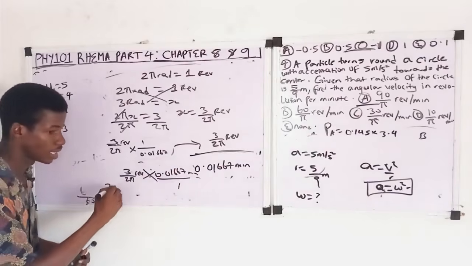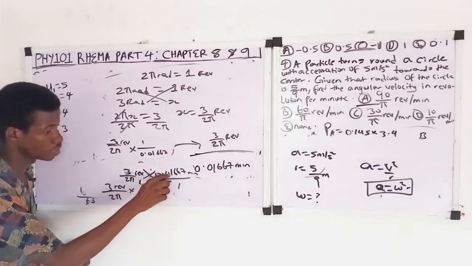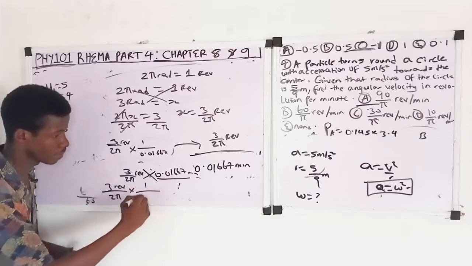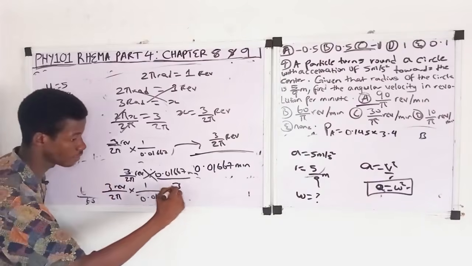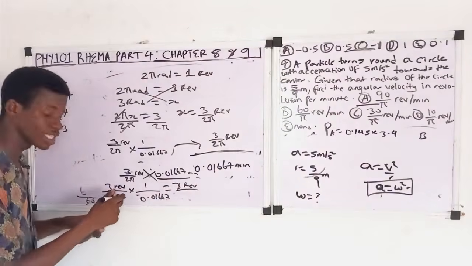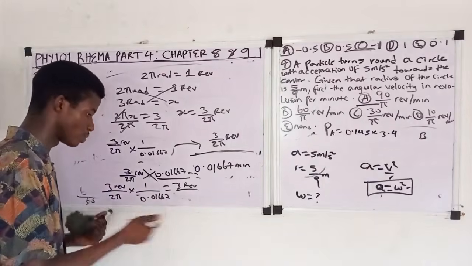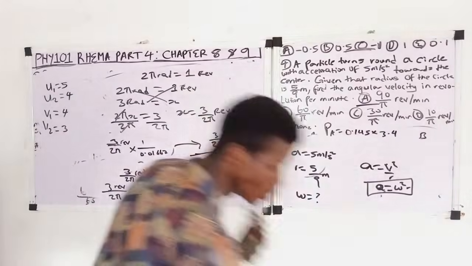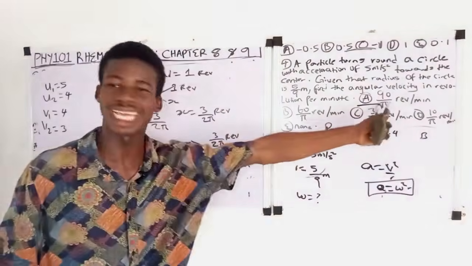So now it's something like this: 3 revolution divided by 2 pi times, this one will come down, this one will come up, times 1 divided by 0.01667. 1 times 3 revolution will give us 3 revolution. Then 2, remember, our answer will be in terms of pi. So 2 times this value here. We will not turn pi to 3.142 because our answer is still in pi.